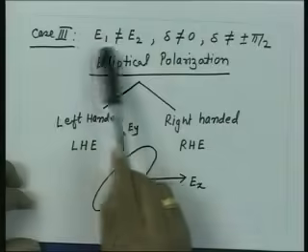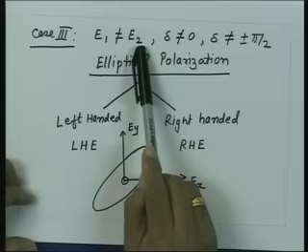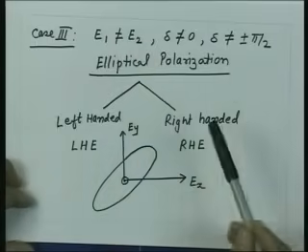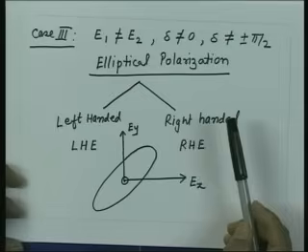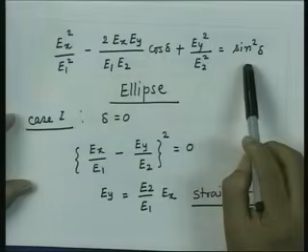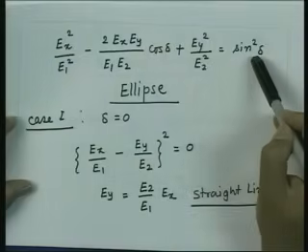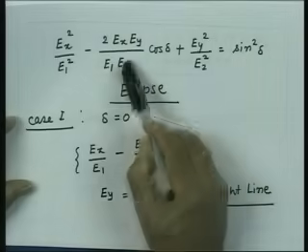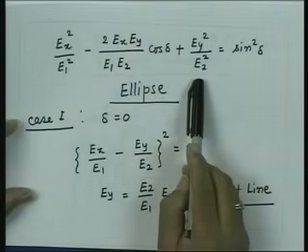As a special case of this elliptical polarization, we say, well, this quantity E1 is not equal to E2, but let us say delta was plus minus pi by 2. In that case, your general equation which you have here has delta equal to plus minus pi by 2. So, this quantity is 1, this quantity is 0, but E1 is not equal to E2.